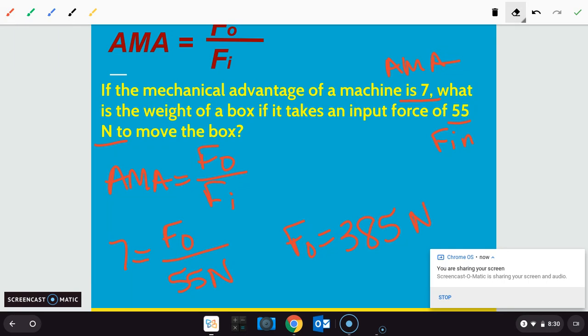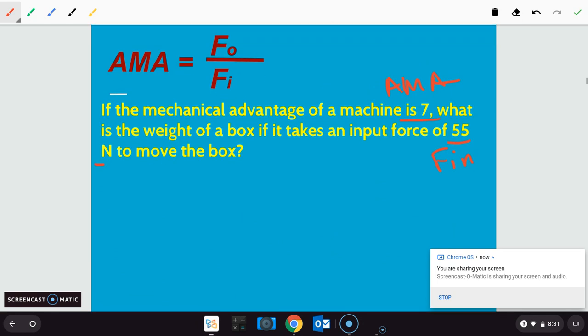Again, if you like the triangle, and I start over, I would have the triangle with AMA, force out, force in. I would have force out equals AMA times force in.